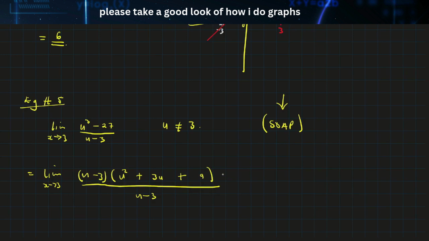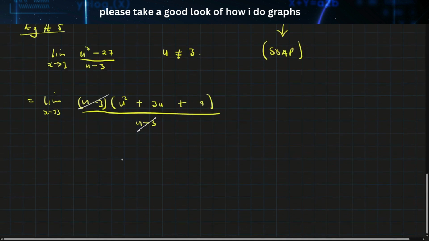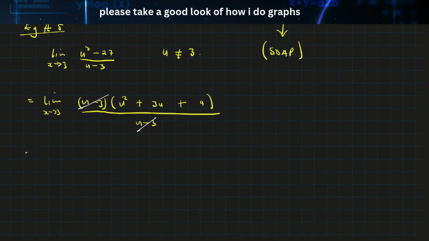Right. So this simply means this and this will cancel. And when those two cancel, we're going to have now our function, as the limit x still approaches 3, as u squared plus 3u plus 9. How do we get the value here?